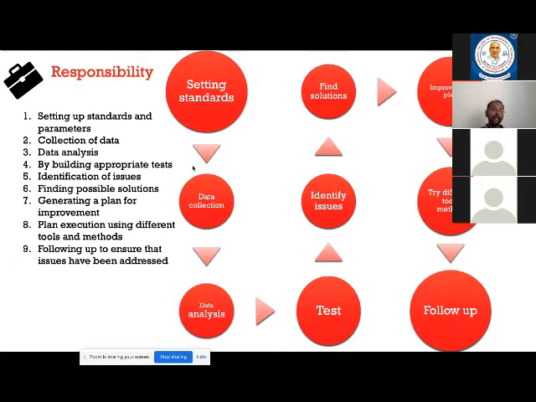I need to understand and analyze it, and then build appropriate tests to avoid that defect occurring at a later stage, rather than catching it much earlier, fixing it at the unit test phase, and building a better product in those initial phases.